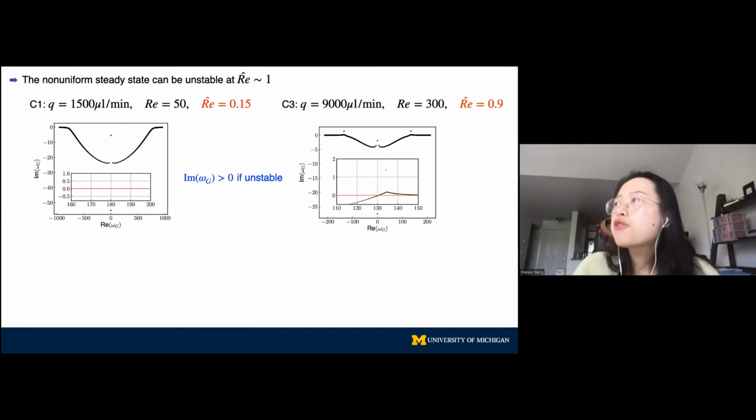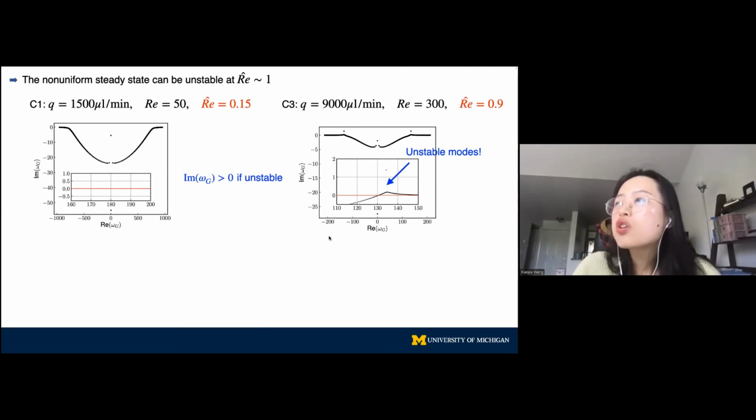However, for the high flow rate case, when the flow is in the weakly inertial flow regime, we do detect a few unstable modes living here. Therefore, in this case, we find the steady state of the second case is actually linearly unstable.